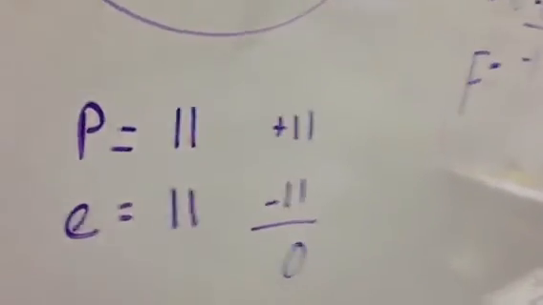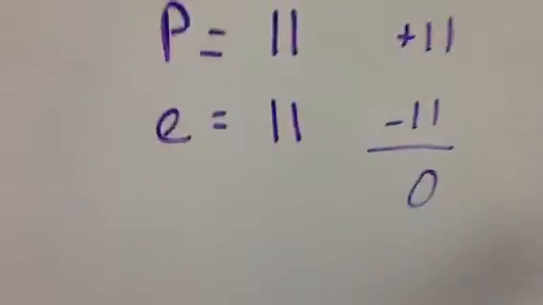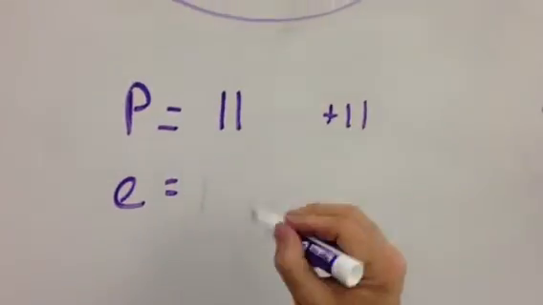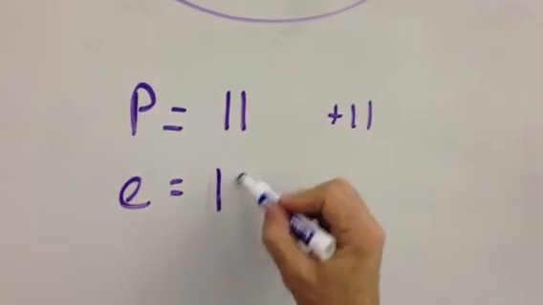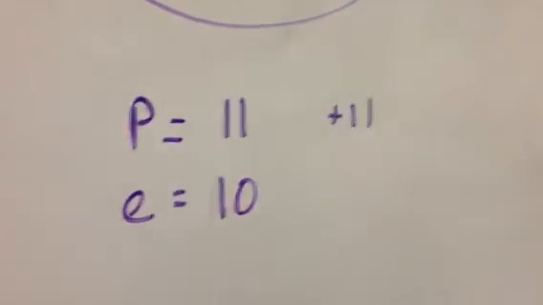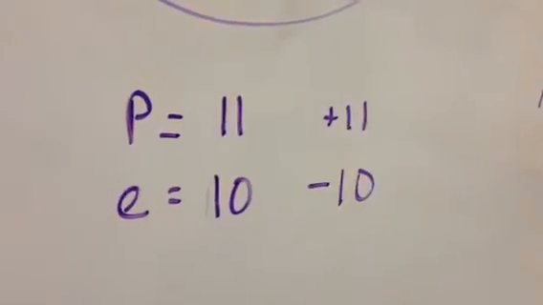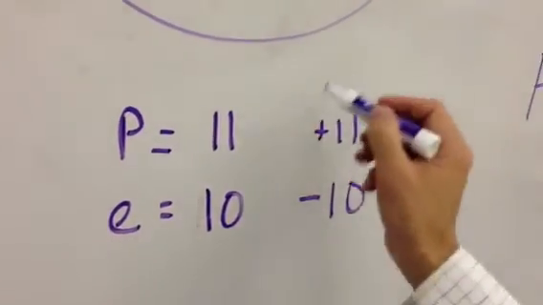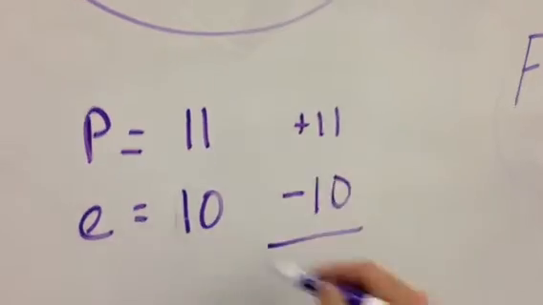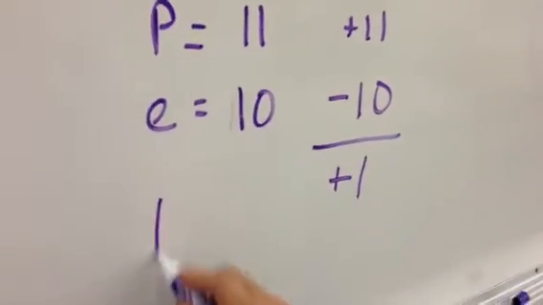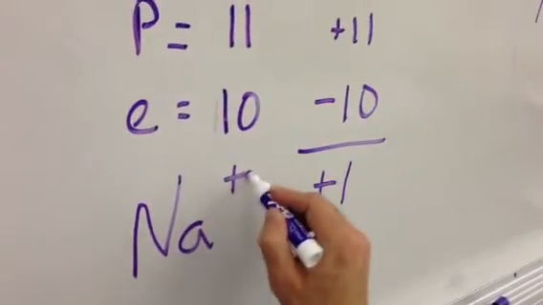But if sodium loses an electron, so this is the idea that we're subtracting electrons, then the overall negative charge is going to be 10, while the number of protons has not changed, so therefore the overall charge of the sodium has now become plus 1. And so we write it as Na plus.